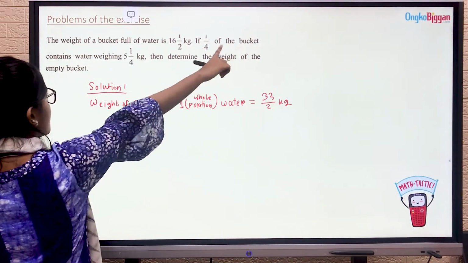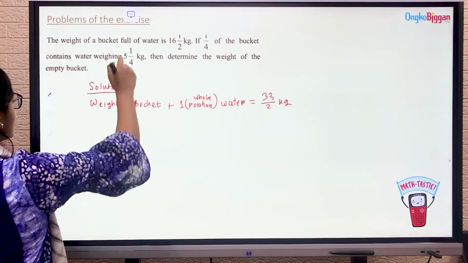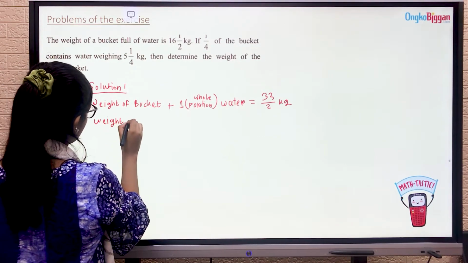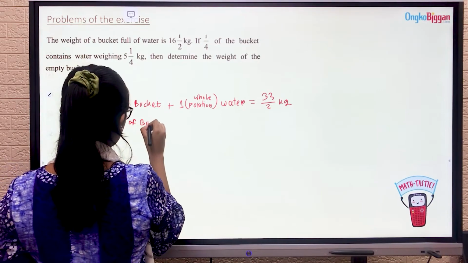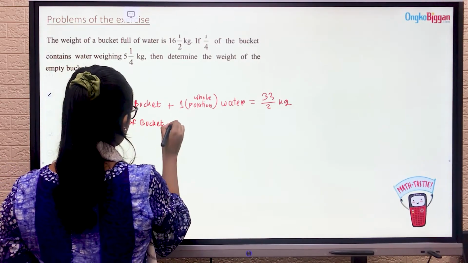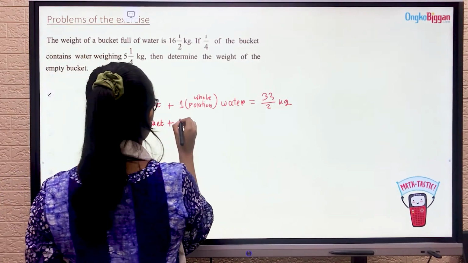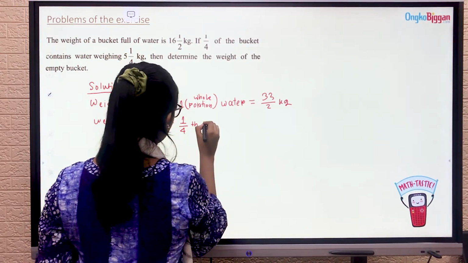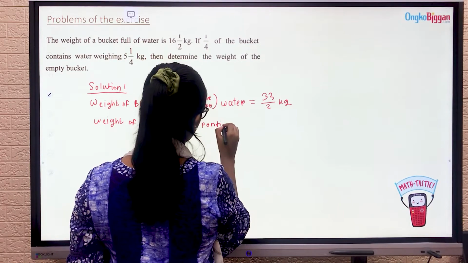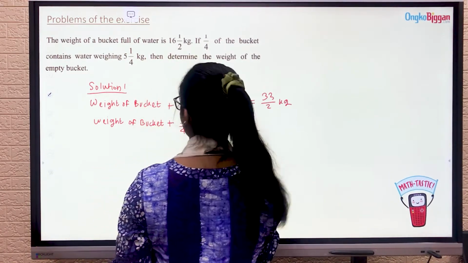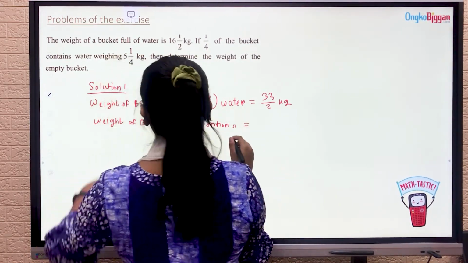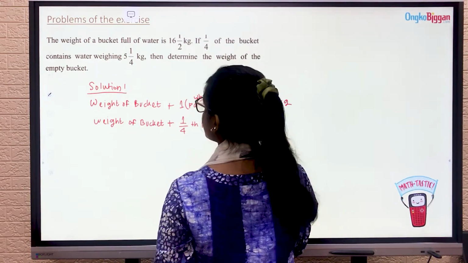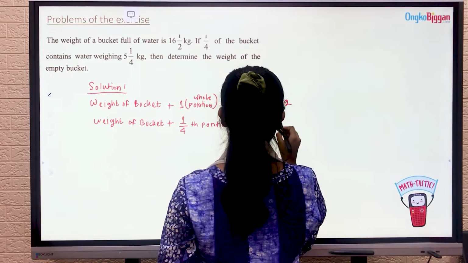Again, 1 by 4 of the bucket contains, so weight of bucket plus 1 by 4 portion of water equal to 5 4 is 20, 21, 21 by 4 kg.